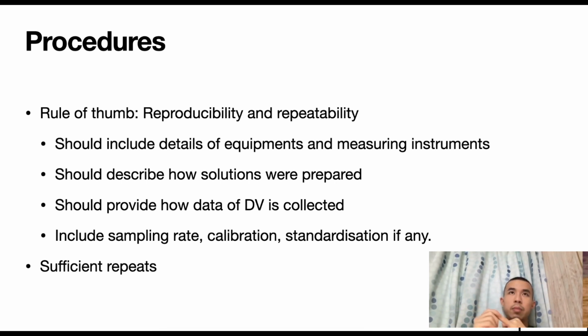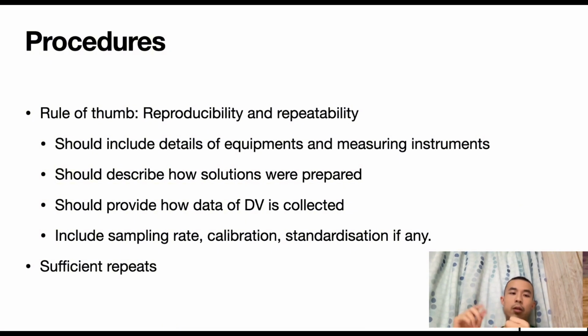A lot of students just mention when it comes to titration, they say, oh, we use standardized NaOH to titrate blah blah blah. But when you're talking about standardization, please make sure that in your raw data it has standardization raw data. Otherwise, you cannot claim that the titrant has already been standardized.